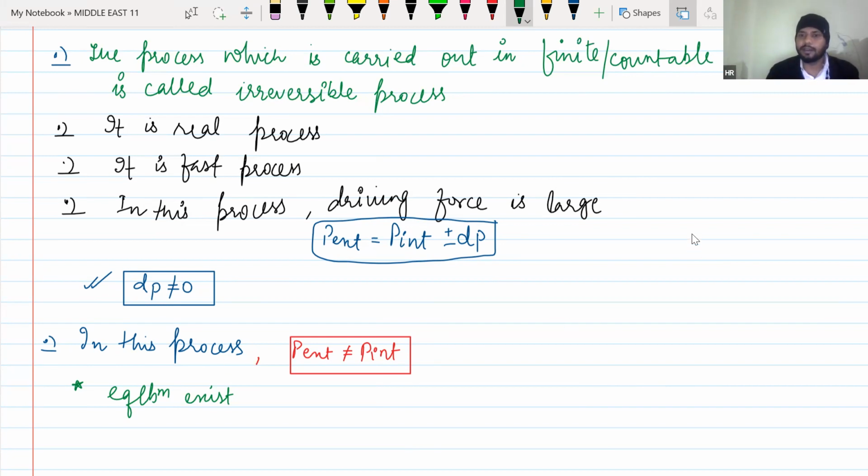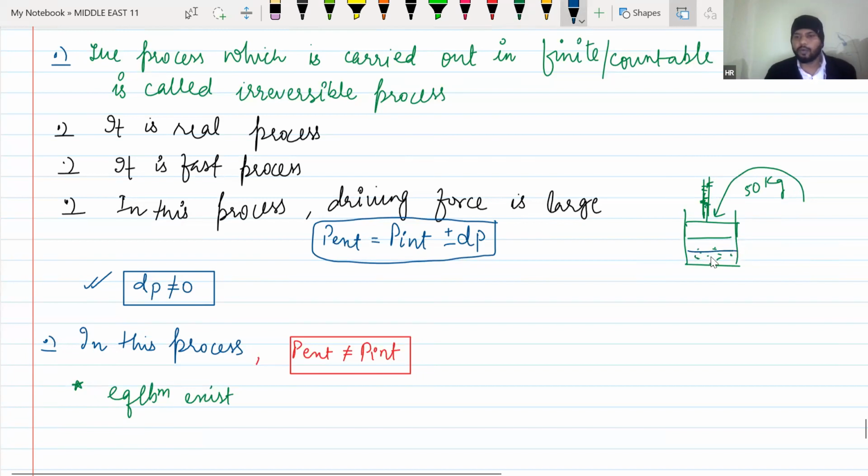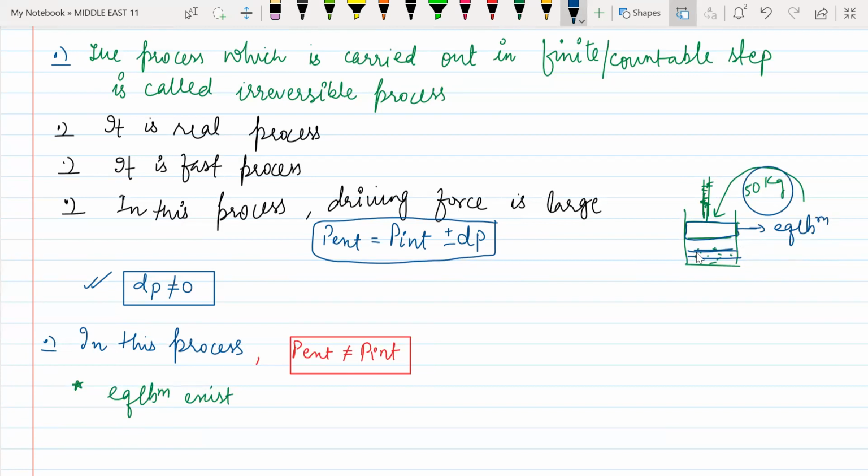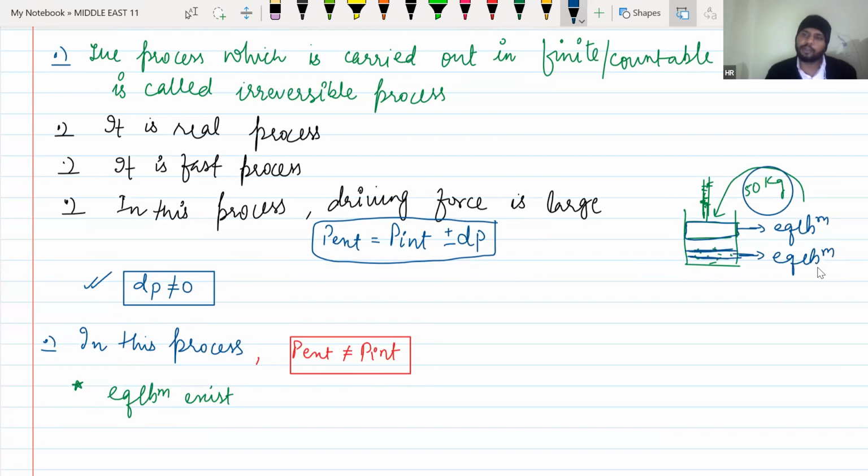Is that clear? Just see, here is the piston. Try to understand, Krishna. It is just stopped here. Gas particles are here, and you are now going to put 5 or 50 kg of sand, and the piston will move to here. That means before putting this 50 kg weight, it is in equilibrium, right? Yes, sir. And after putting, when it stops here, it is in equilibrium at the final position.